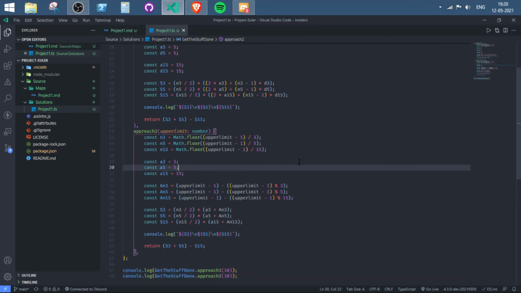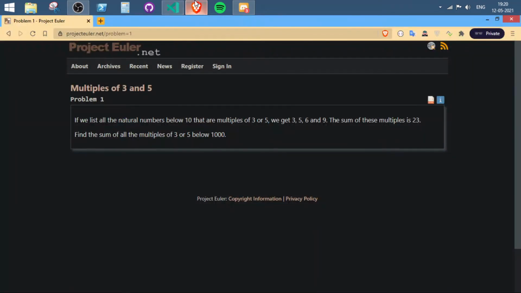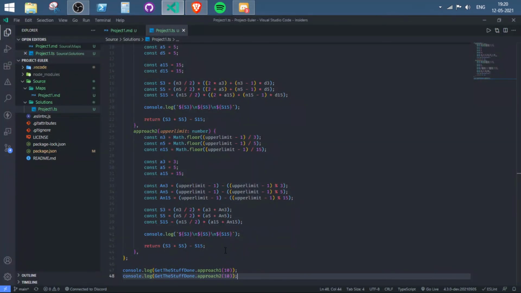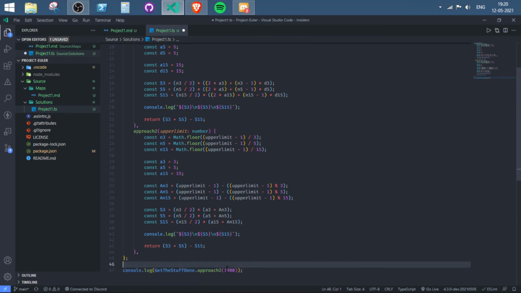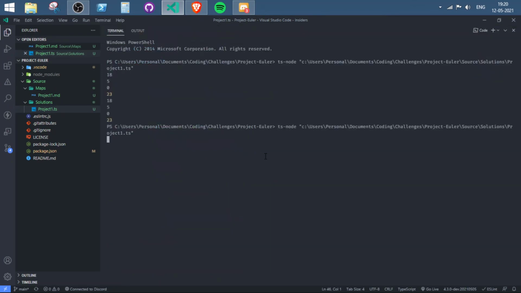Now, what about just going on to the given question? We want all numbers below 1000, so I'm just gonna make it 1000 both ways. Like, I personally like approach 2 better, but it is just a bit more memory kind of thingy, so I'm just gonna keep using that.